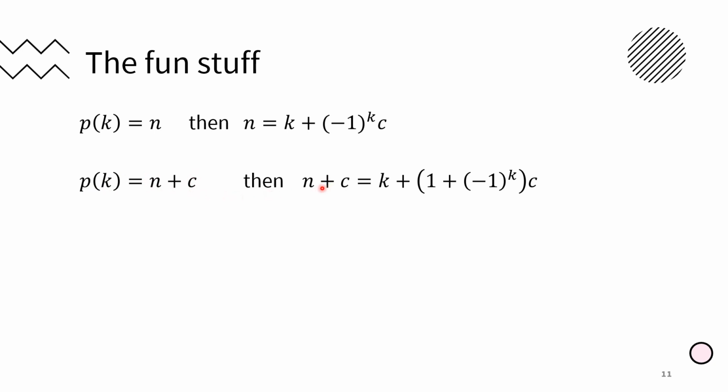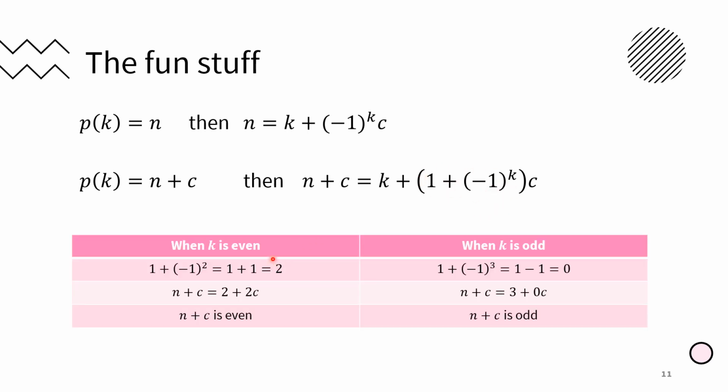So if n plus c equals that function, then n plus c equals k plus negative 1 to the k times c. Let's take a closer look at this little gizmo right here. When we set k to an even number, like 2, negative 1 to an even power is going to be positive 1.